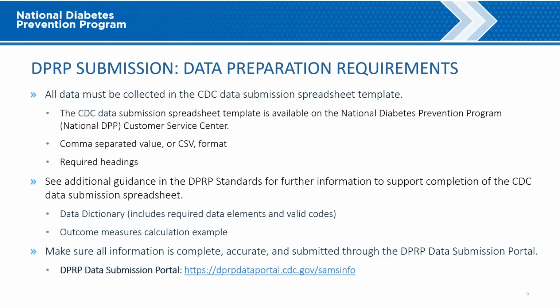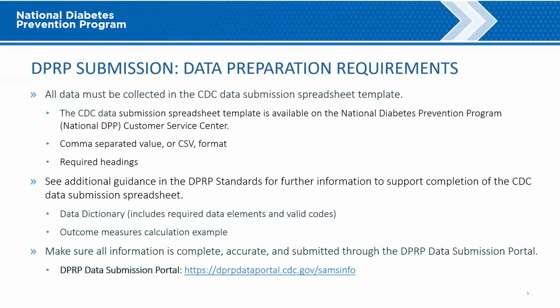The DPRP standards include additional guidelines, such as a data dictionary that lists the required evaluation data elements, the codes that must be used, and an example of how an organization's outcome measures are calculated. Because all data submissions must follow the requirements detailed in the current version of the DPRP standards, it is important to ensure the DPRP standards are thoroughly read and understood.